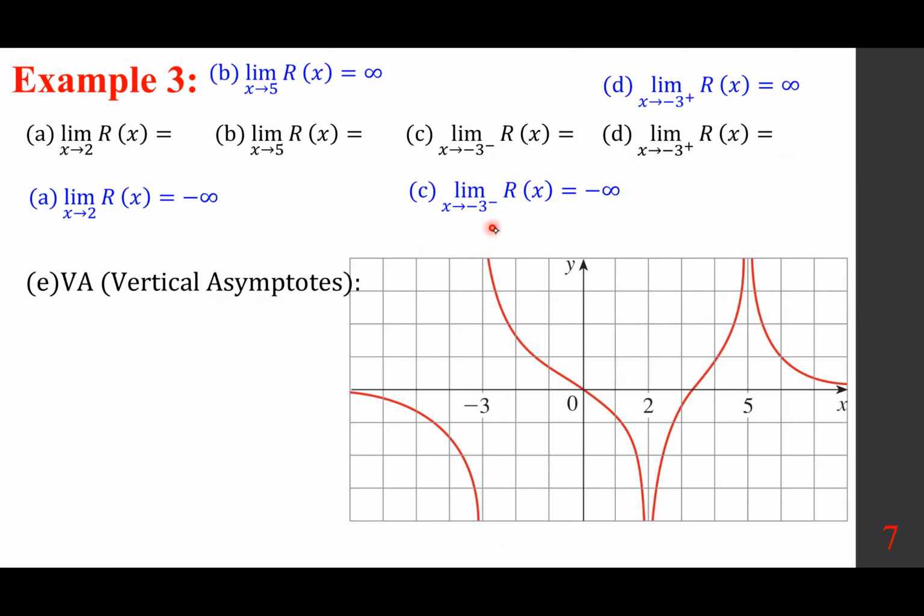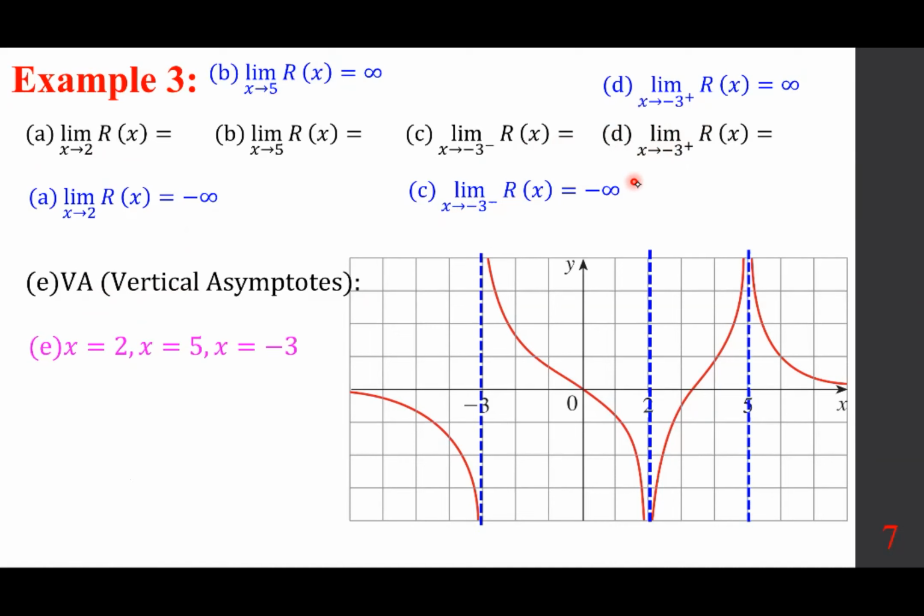And that helps us answer vertical asymptotes. By definition of vertical asymptotes, this says x equals 2. This one says x equals 5, and this one says x equals negative 3. Those are the vertical asymptotes, and those are the equations.